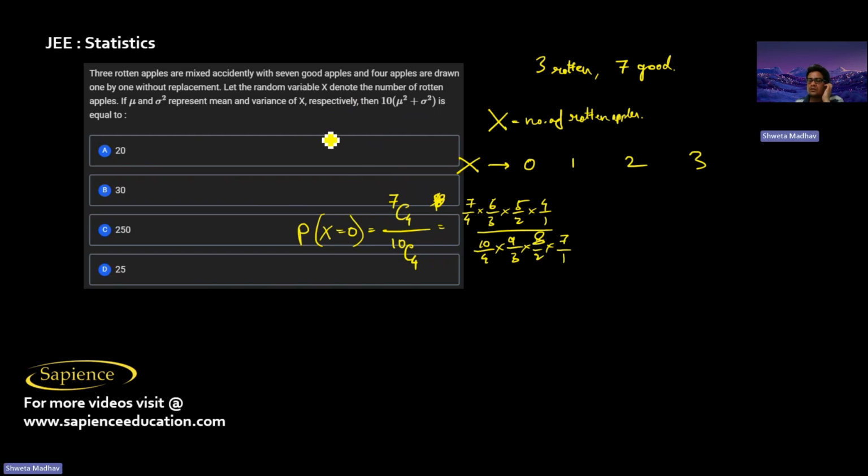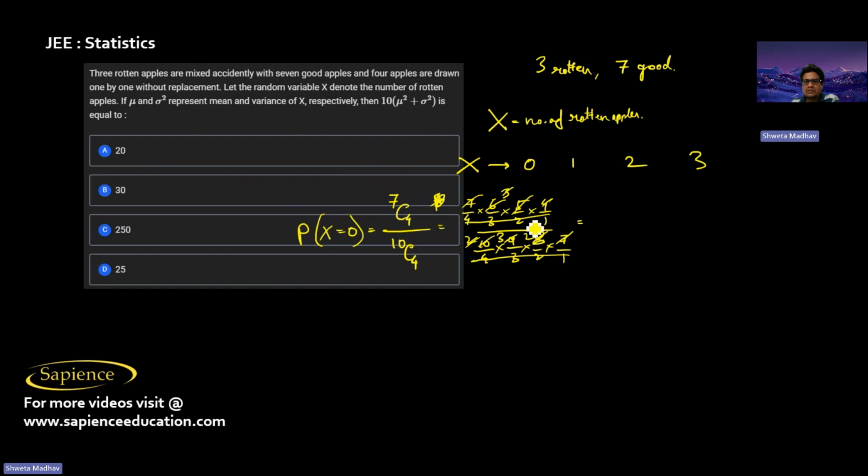So without replacement, the 4 into 3 into 2 into 1 will get cancelled. So this will become 4 2s are 8, then 5 2s are 10, then 2 3s are 6, then 3 3s are 9, 7 1s are 7.